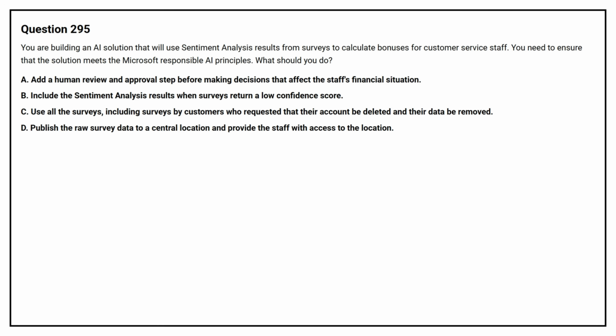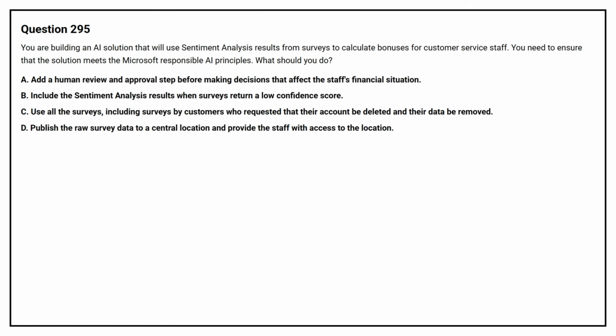Option A. Add a human review and approval step before making decisions that affect the staff's financial situation. Option B. Include the sentiment analysis results when surveys return a low confidence score.